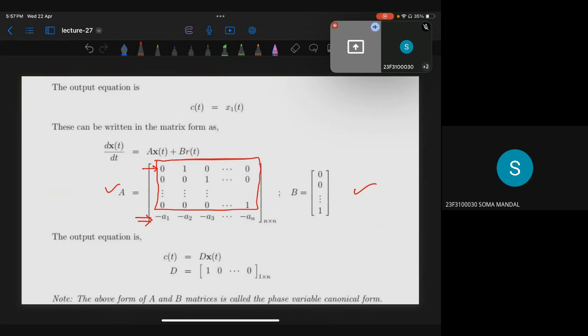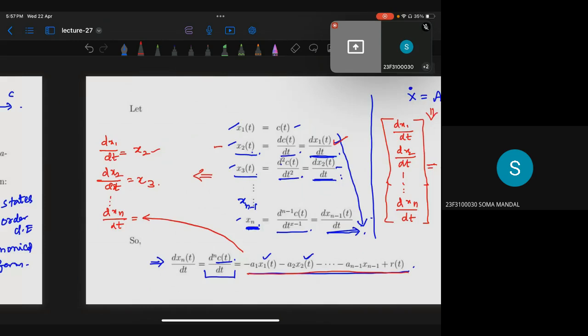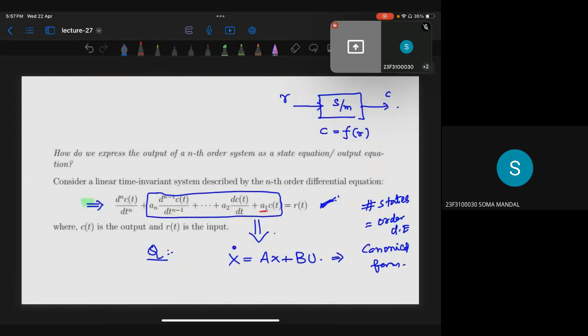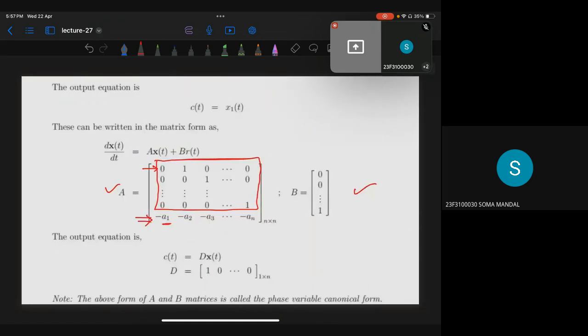The coefficients in the reverse order with negative signs. So reverse order means minus a1, the last coefficient, minus a2, etc., minus an. You could see this. Yes, sir.